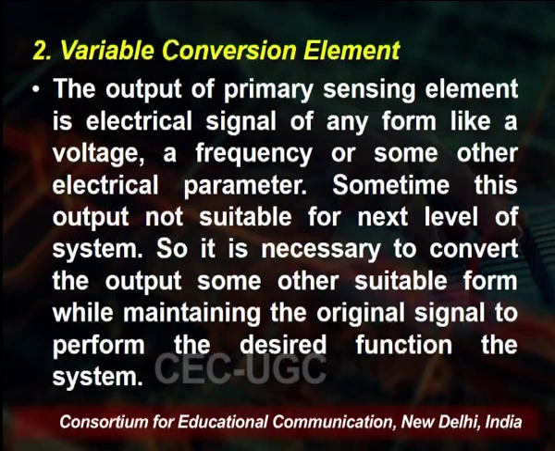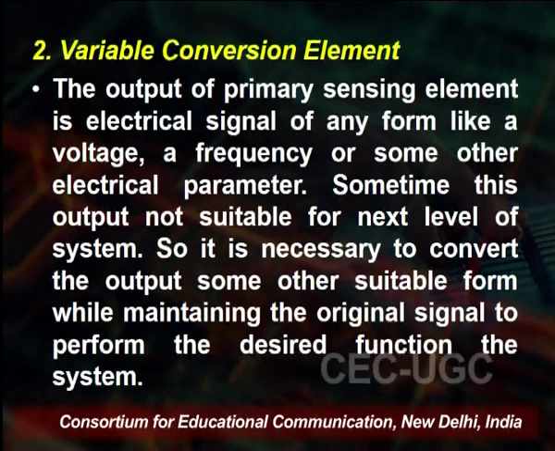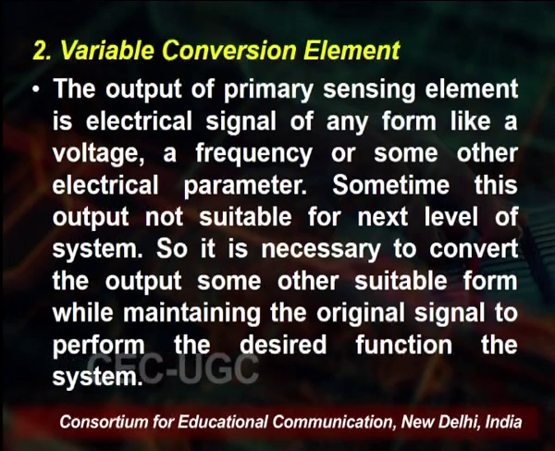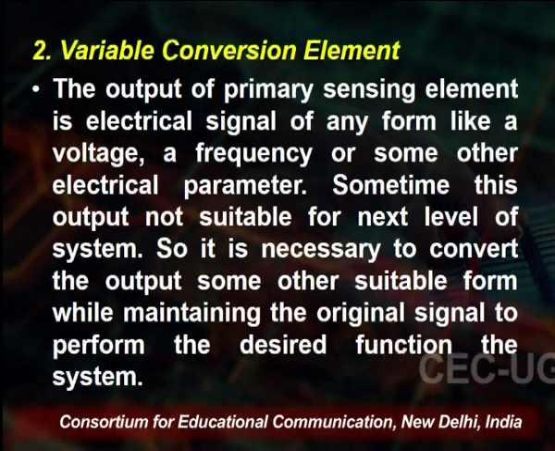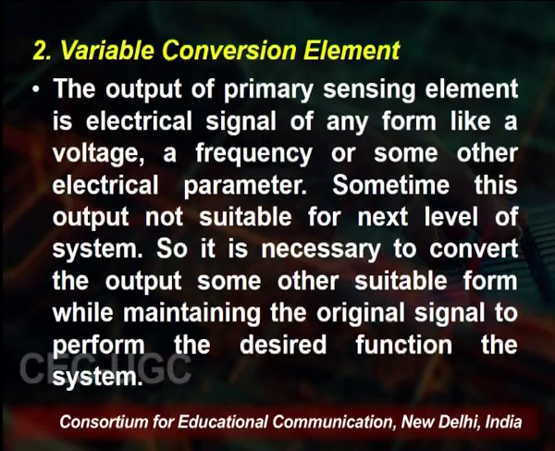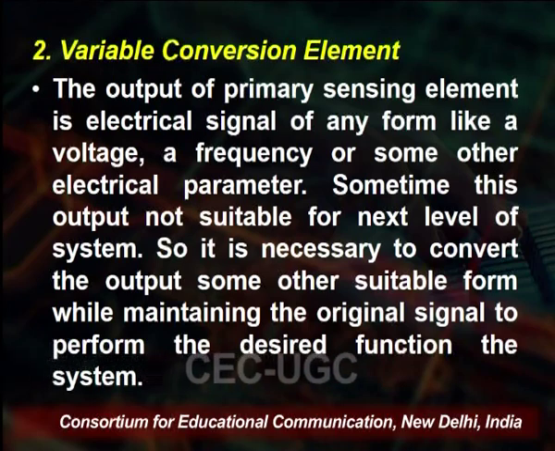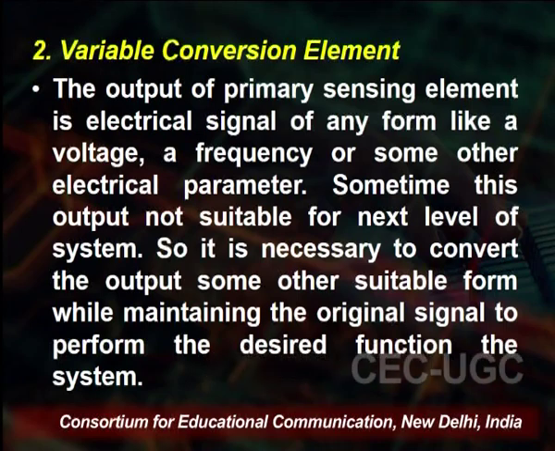Sometimes this output is not suitable for the next level of the system. So it is necessary to convert the output into some other suitable form, while maintaining the original signal content, to perform the desired function of the system, without change of any value.